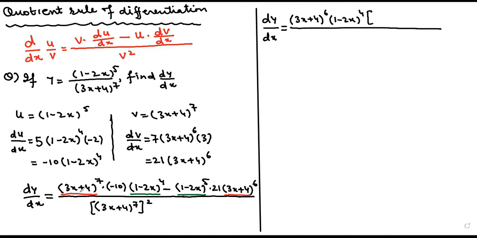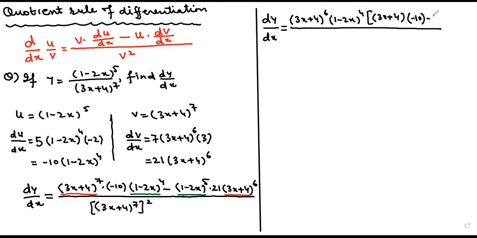Now in the first term, we will shift 6 powers outside. We are left with (3x plus 4) power 1. We have shifted 4 powers of (1 minus 2x), so no power will be left in the first expression, minus 10.